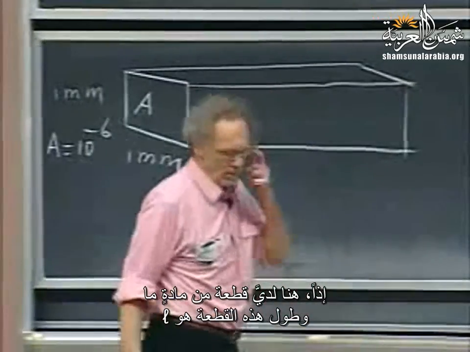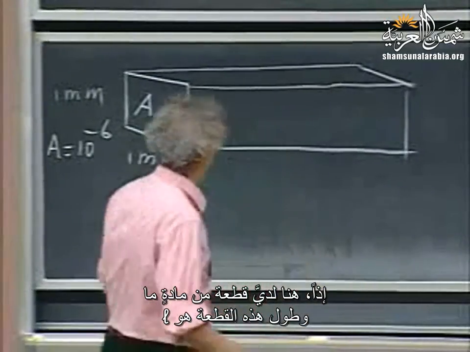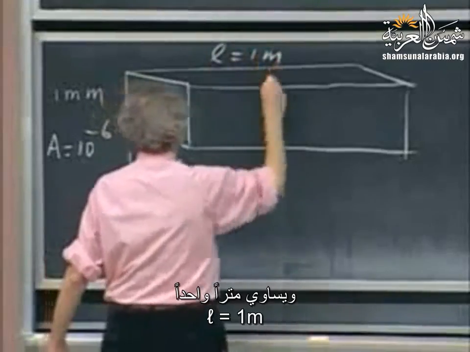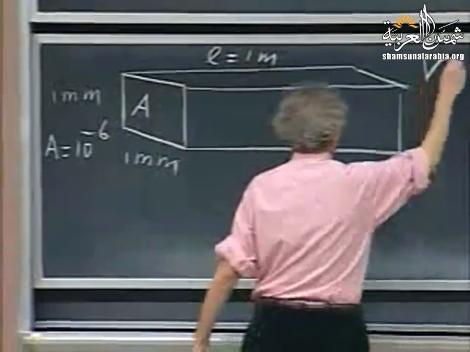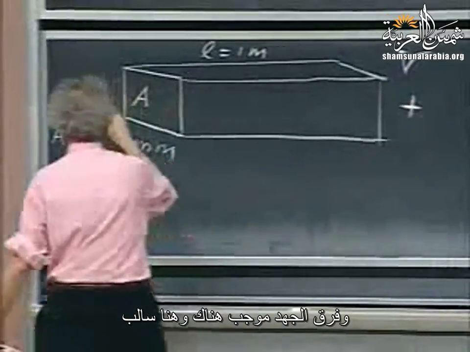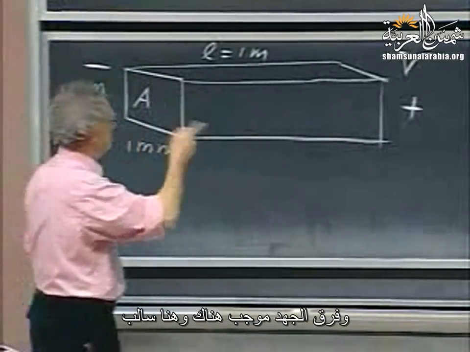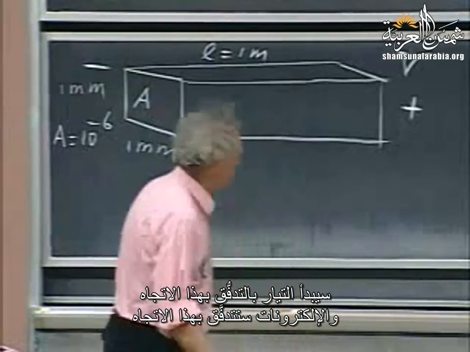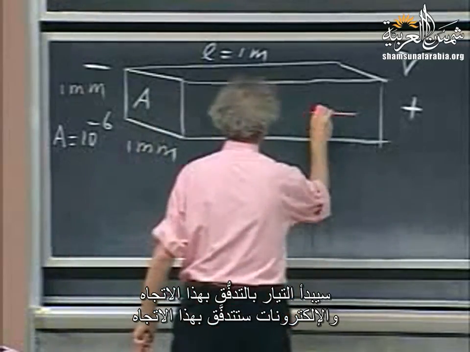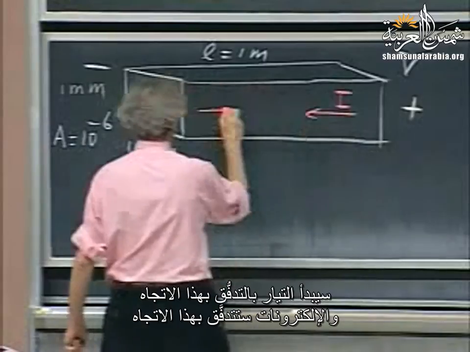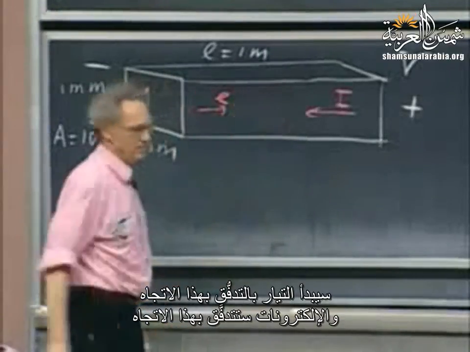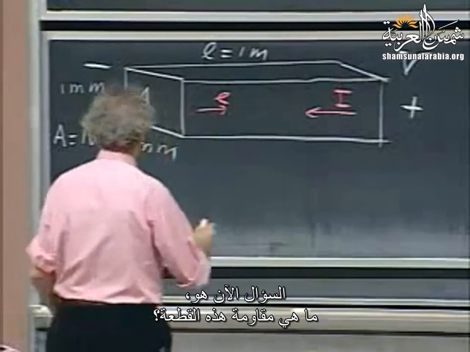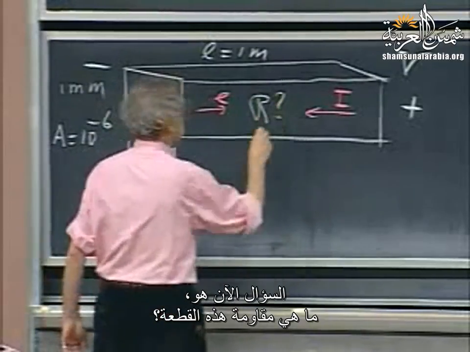So here I have a chunk of material, and the length of that material, L, is 1 meter. Put a potential difference over there, plus here and minus here. Current will start to flow in this direction. Electrons will flow in this direction. And the question now is, what is the resistance of this chunk of material?